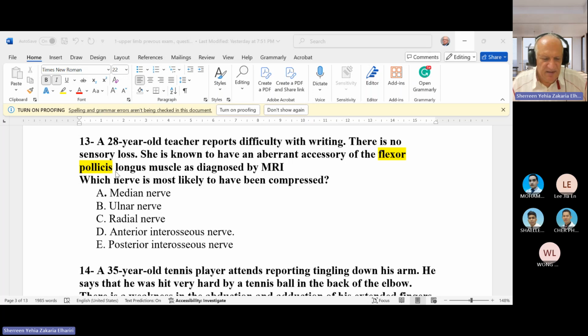And the answer here is that the flexor muscle is supplied by the anterior interosseous nerve. So this is the main supply of the flexor. So the answer is the anterior interosseous nerve.